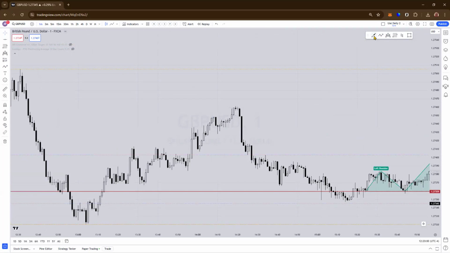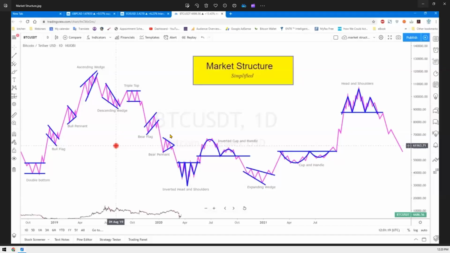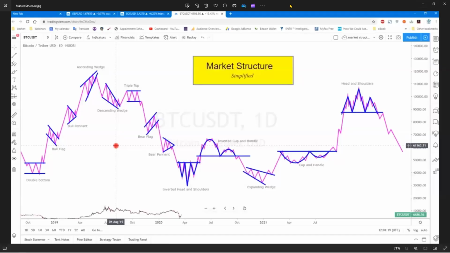Okay, here's another pattern here. And what did it do? It showed you a bullish flag, right?